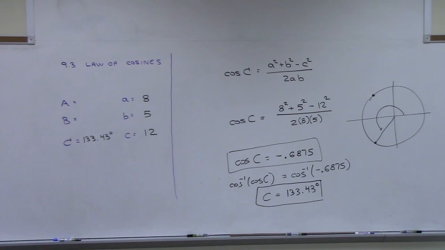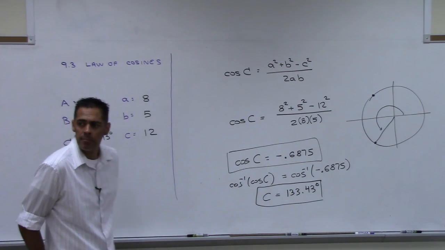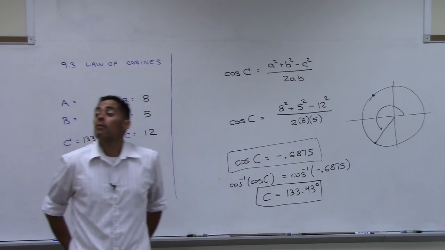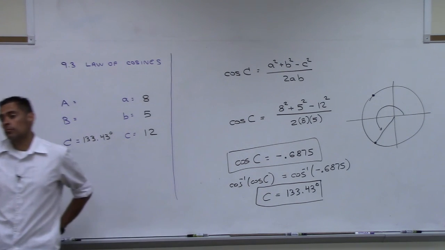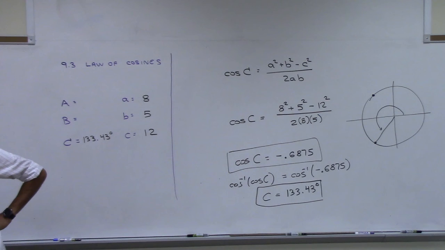And we're cruising along. Our test is on Thursday, right? What sections are you doing? From the last test up through where we stopped on Thursday is what the test will cover.